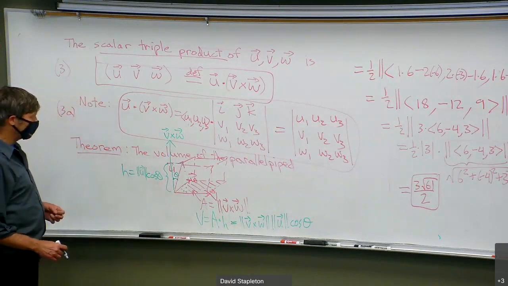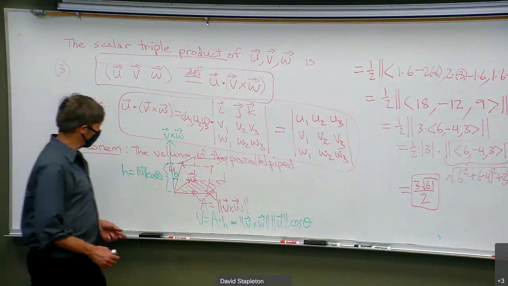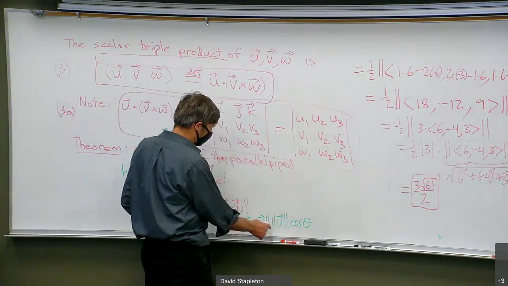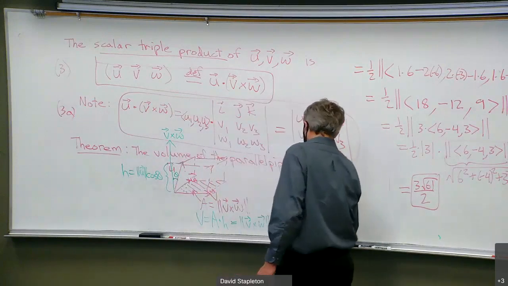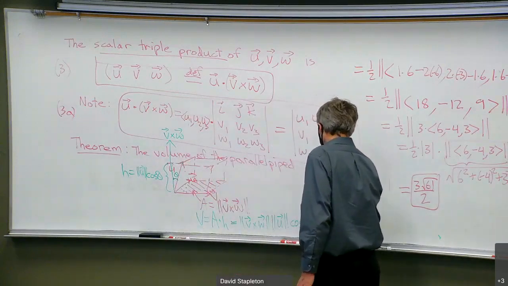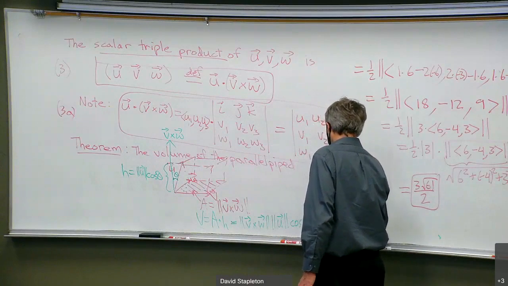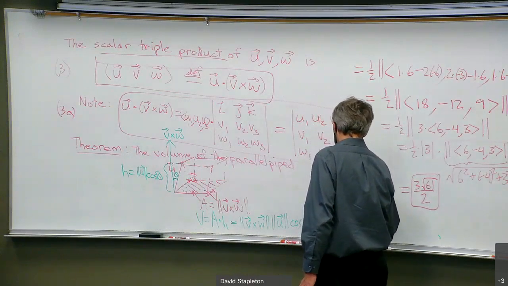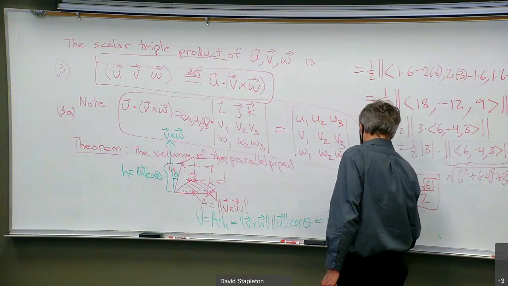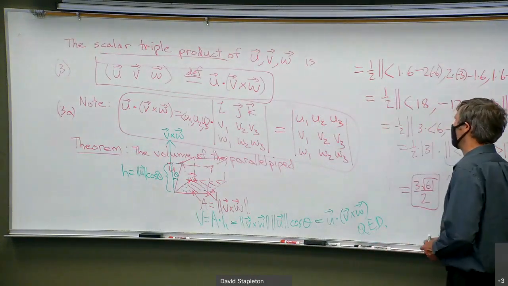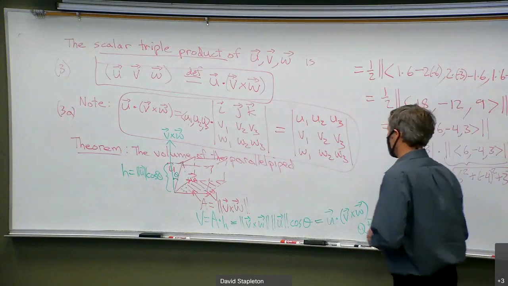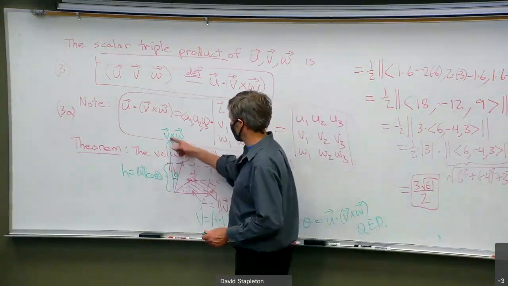And so this is actually the dot product, right? Length of a vector, length of another vector, cosine of the angle between them is the dot product of u with v cross w. QED, right? So in this, I used that this is the vector v cross w, which we'll talk about.